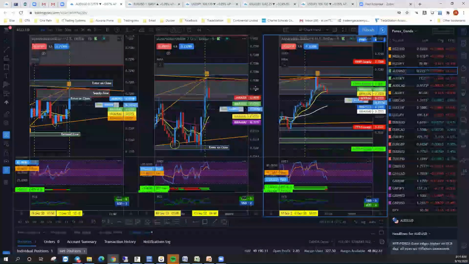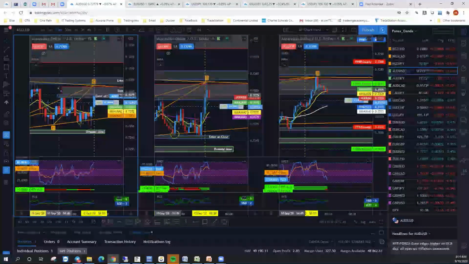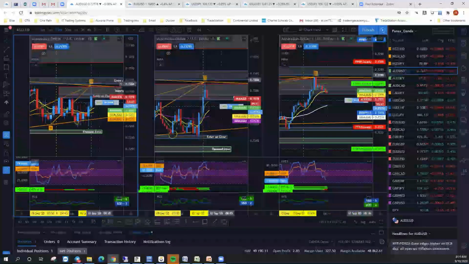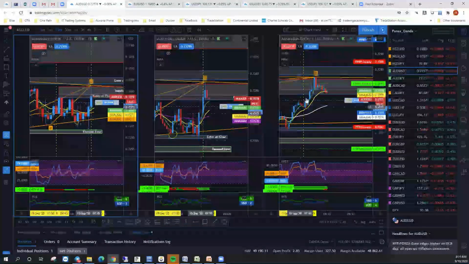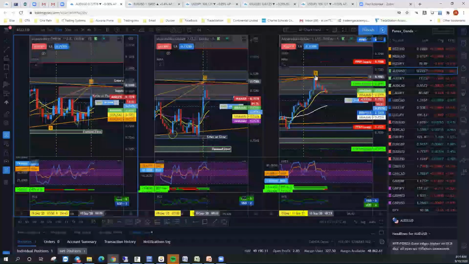This came right up to the top of the original wedge we had from 4:45 this morning. It had a nice strong little run up right to the top of the wedge, and now it's pacing right below it. That's a good sign for a breakthrough as a continuation pattern.